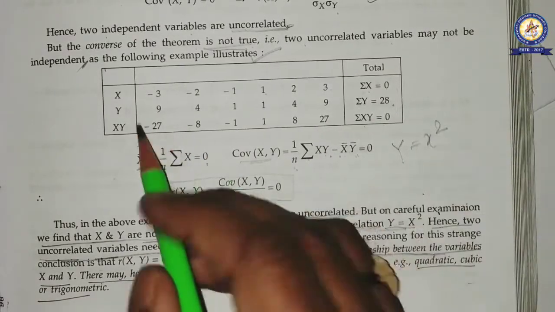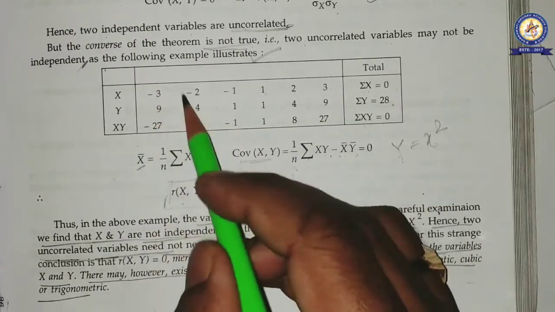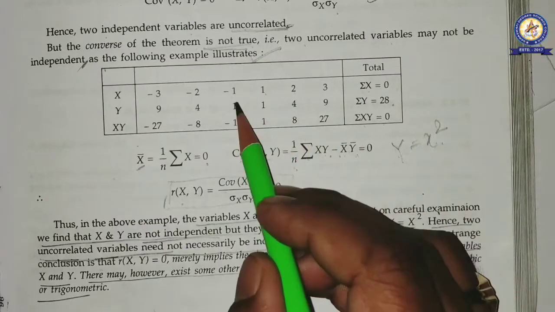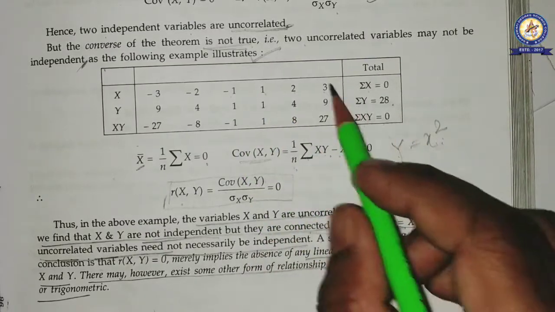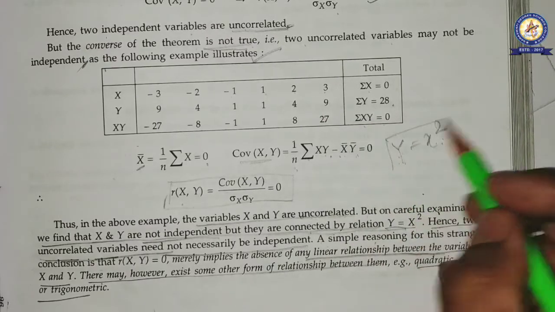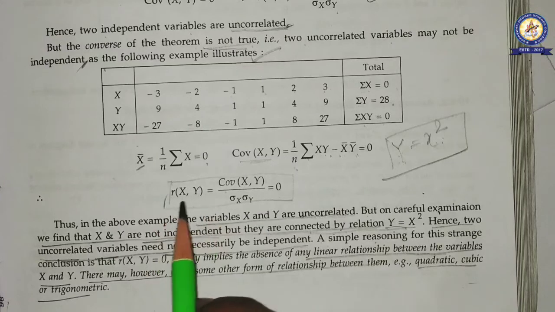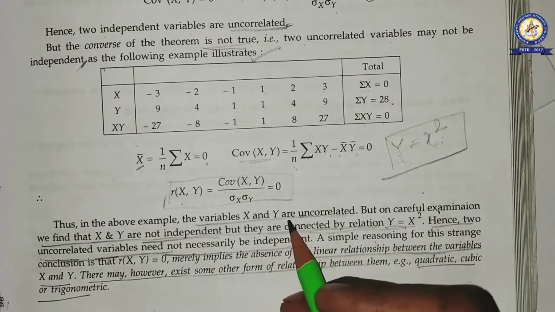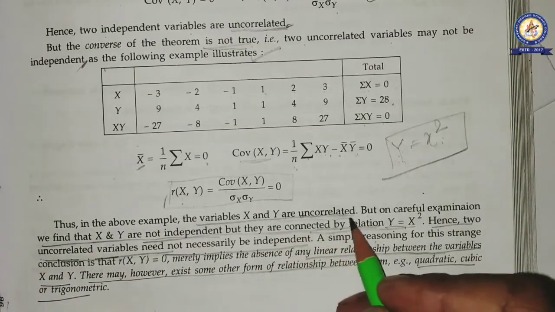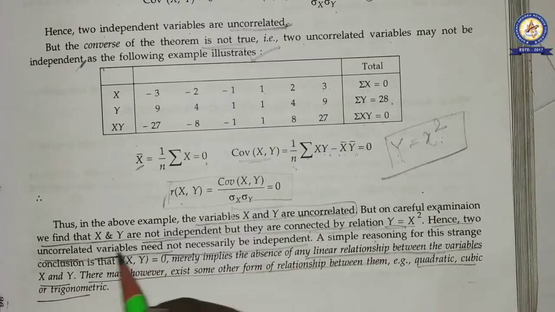You can see that if you put minus 3, y will be 9, minus 2, 4, minus 1, 1, 1, 1, 2, 4, x equal to 3, y equal to 9. So here we found the correlation coefficient between the two random variables x and y is 0. That means they don't have any correlation. They are uncorrelated with each other, but they are not independent.